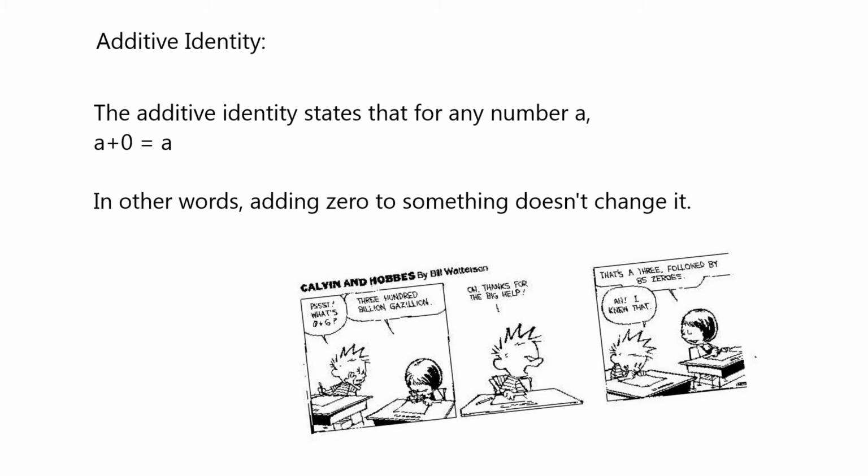The additive identity is another very simple property in mathematics. Simply put, the additive identity states that if you add 0 to anything, it does not change it.